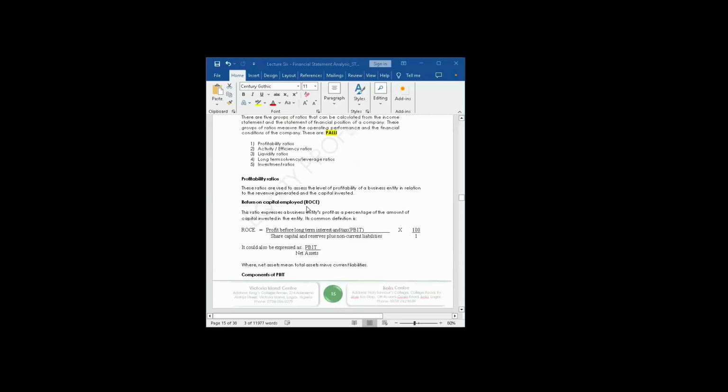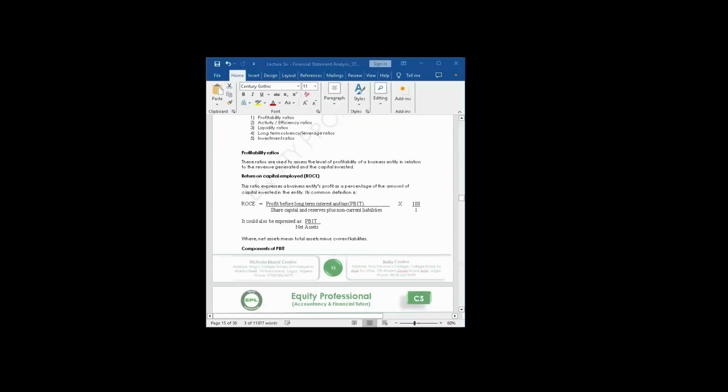So let's look at profitability ratios. The first ratio we consider here is the return on capital employed.